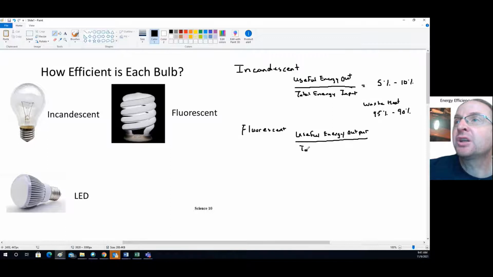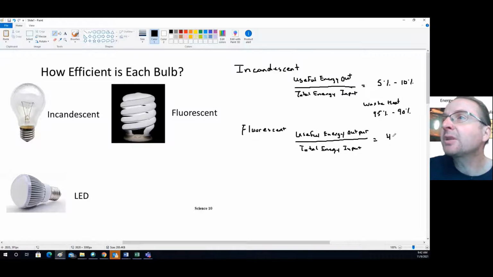When we divide the useful energy output by total energy input, and write this out with me, because this is the actual formula we're going to be using today, it comes out to about 40% for some of them. Some of the better ones are about 75% efficient. So that's not too bad.